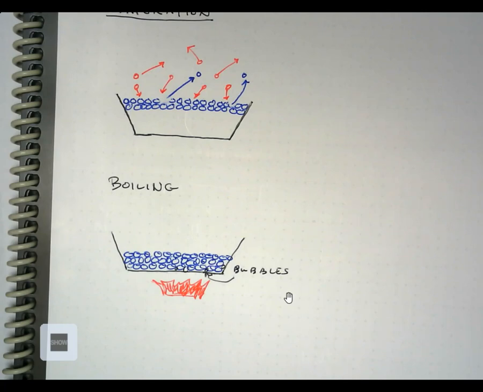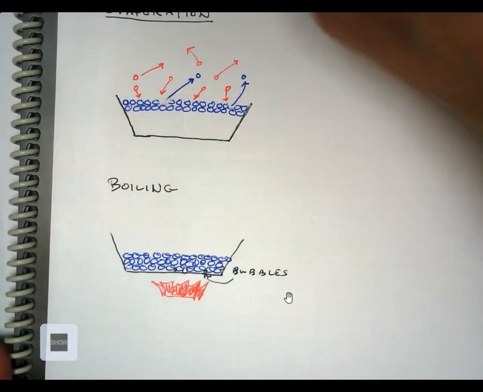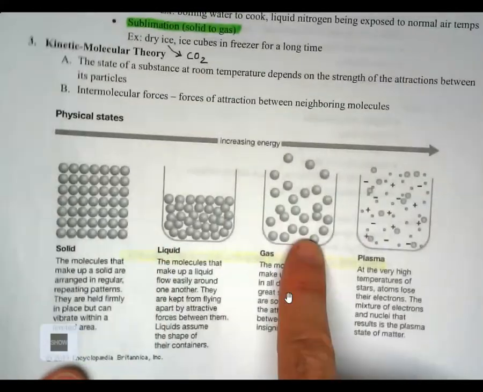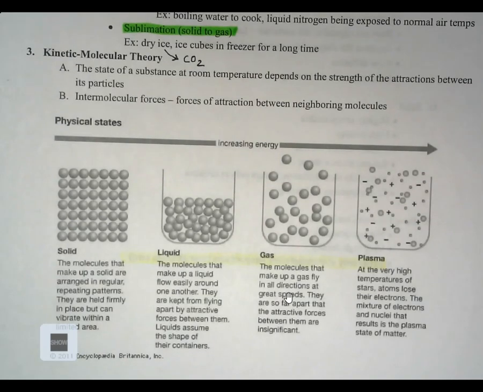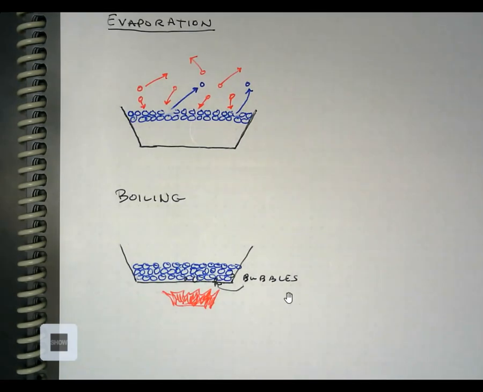And as they absorb more, they move around faster and start to spread apart. They're getting more and more energy, and eventually the molecules at the bottom get far enough apart that they turn into a gas. That's the bubbles. Just water as a gas.